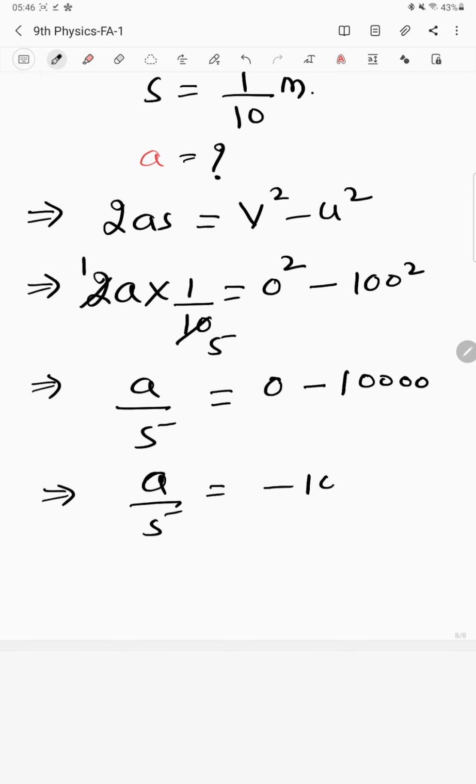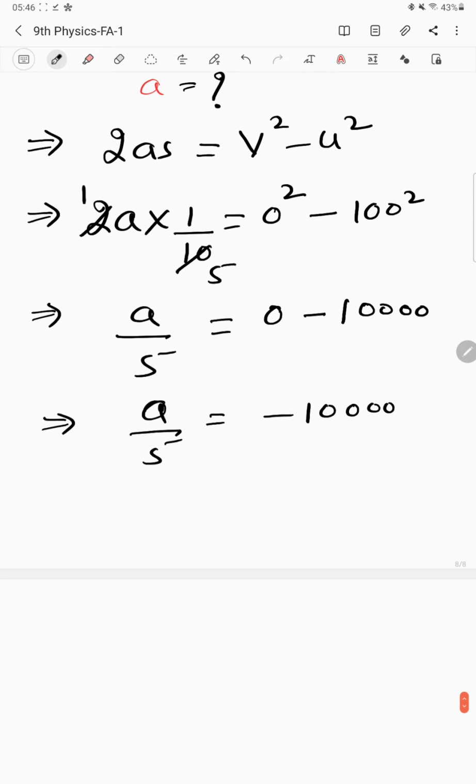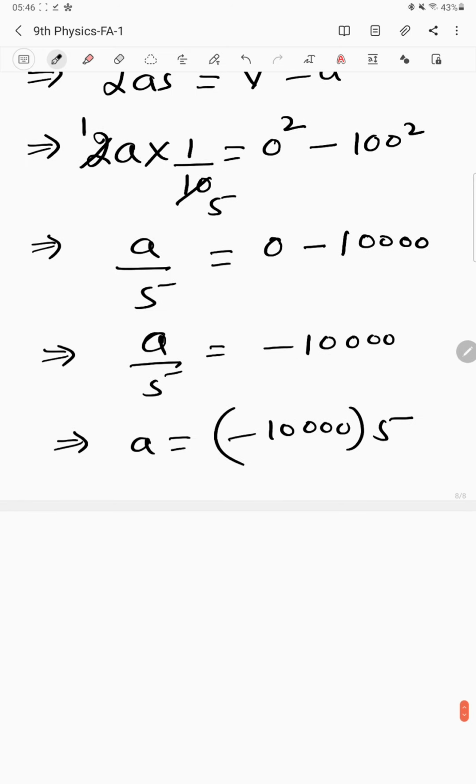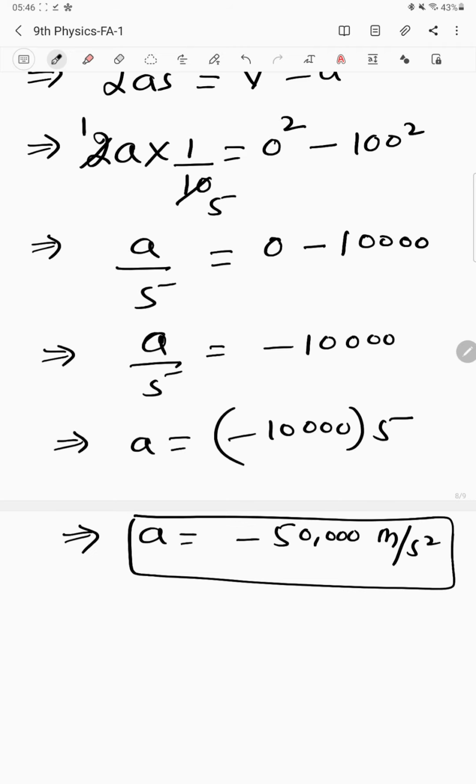Then a is equal to minus 10,000 into 5. So the value of acceleration will be minus 50,000 meter per second square. This is the retardation on the bullet.